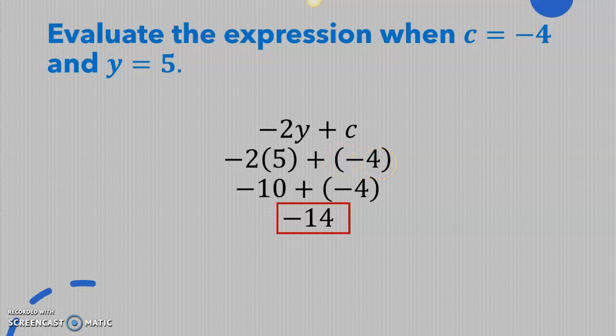Remember, PEMDAS, or order of operations, we need to do our multiplication first. Negative 2 times 5 gives us a negative 10. Signs are different here. Negative times a positive gives us a negative. Then we have plus negative 4. Signs are the same, so we add and keep the sign. We end up with a negative 14.